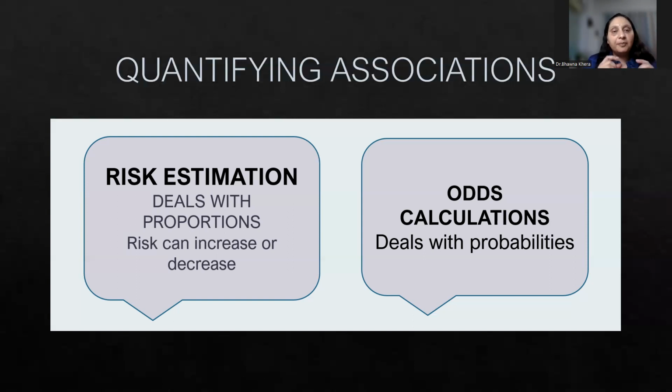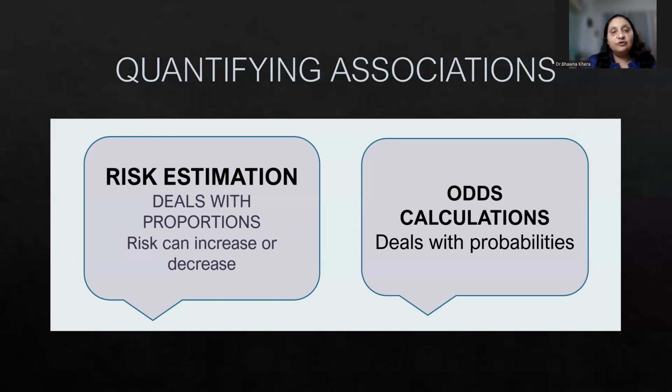Exposure is obesity here, the high BMI, and the outcome is development of stroke. They are categorical variables: either a person can be obese or non-obese, and a person can develop a stroke or not develop a stroke.